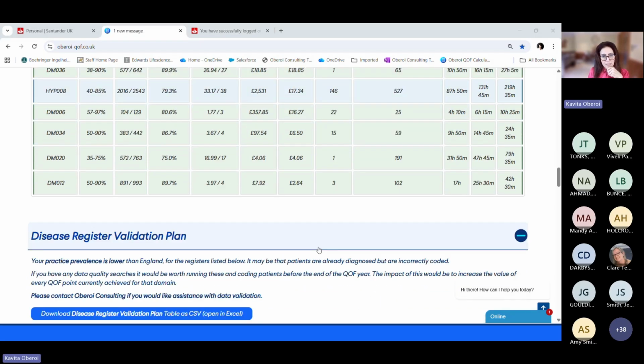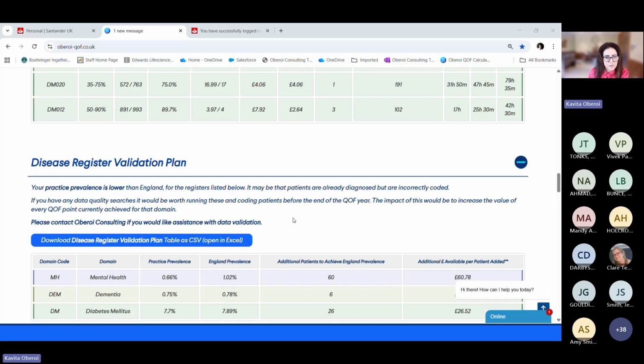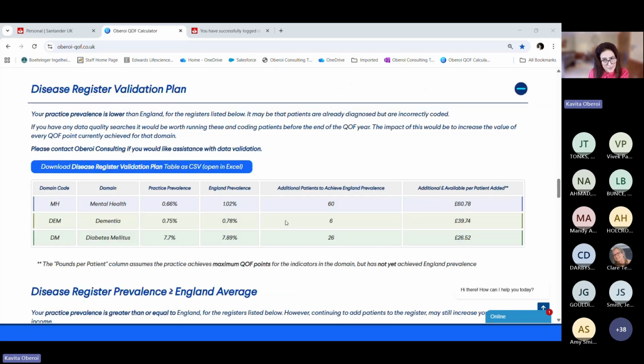As I was saying, some of you may have already hit X number of indicators, and I'll show you on this tool where we can have a look at that as well. But the next part is where you can really make a difference, and even if you haven't hit the indicators, this is an activity very worthwhile doing. We've been doing this for years for practices, helping them to understand this.